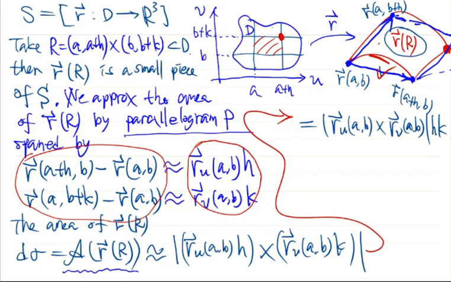So we have an approximation: d sigma, the area we have in mind, should be approximated by this quantity.